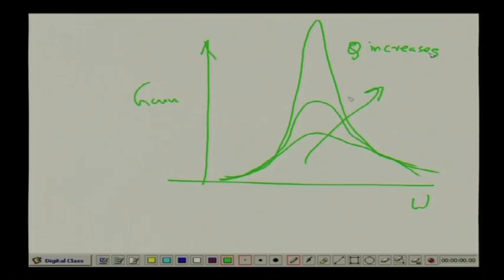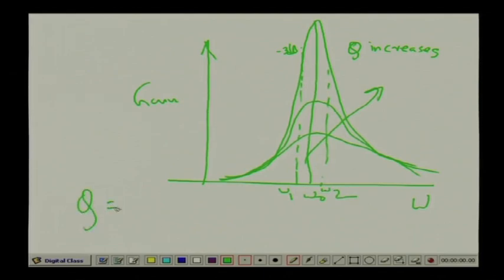Now, what is Q? You see the Q in terms of frequency. So, we will take this frequency, suppose this is omega naught, and the minus 3 dB points. Suppose this is omega 1, this is omega 2.